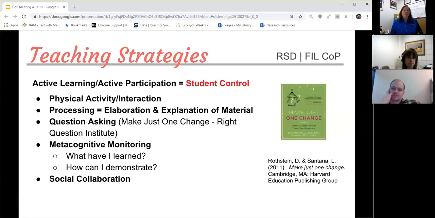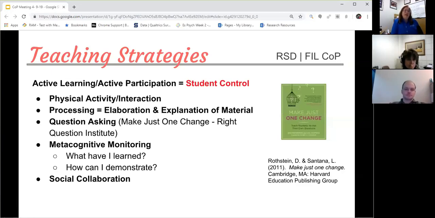But when I'm trying to get my students to think deeply, then I start taking a look at active learning principles. And those are things like, how do I get students physically manipulating or interacting with the information that I want them to wrestle with? I might have them process information, so elaborate or explain some material, asking questions, and that's where that book that I just showed you came into play.